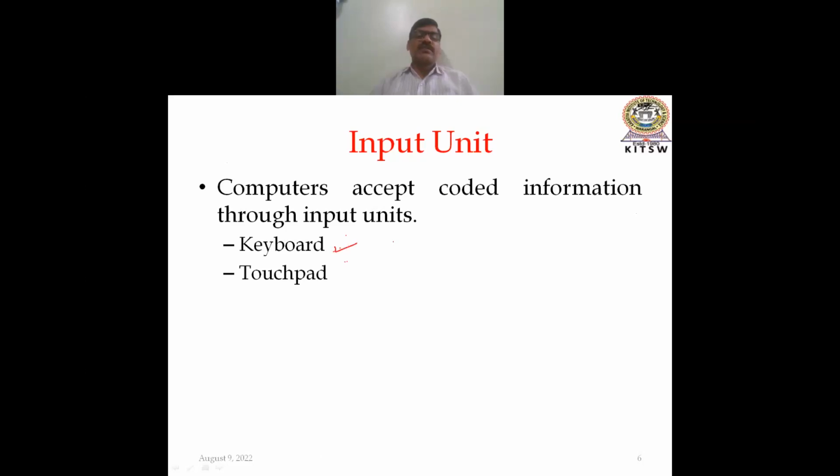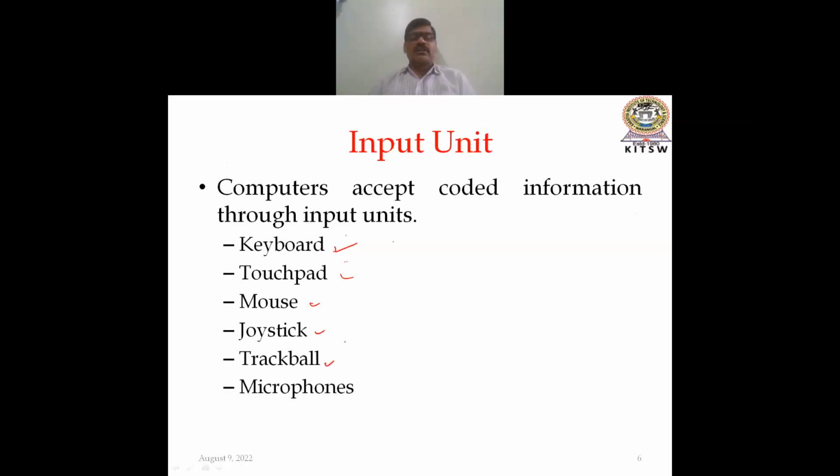Different types of input devices we use are keyboard, touchpad, mouse, joystick, and trackball. When we input audio, we make use of microphones as an input device. When we want to input video, we make use of cameras.